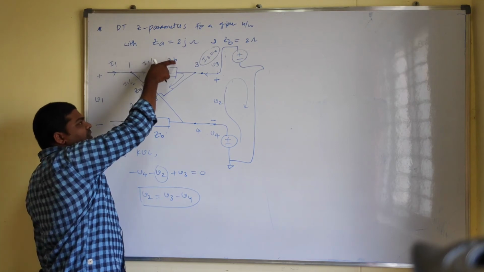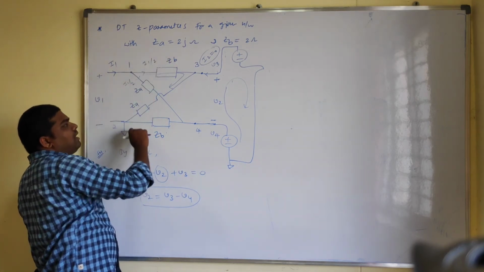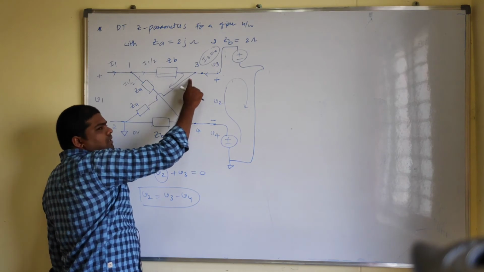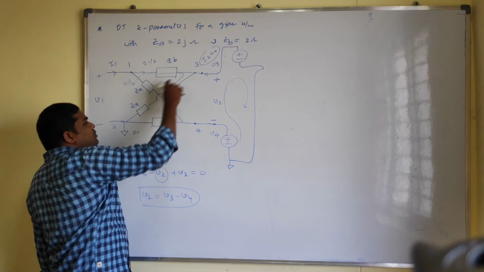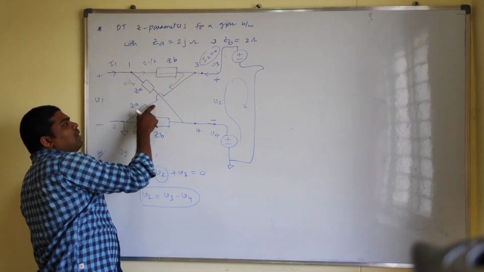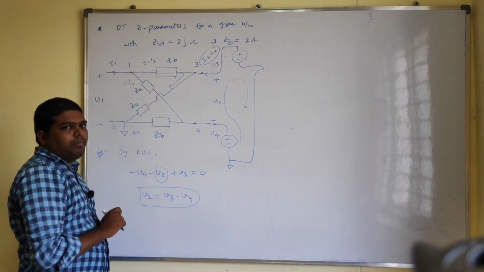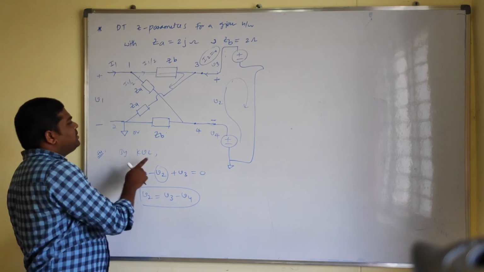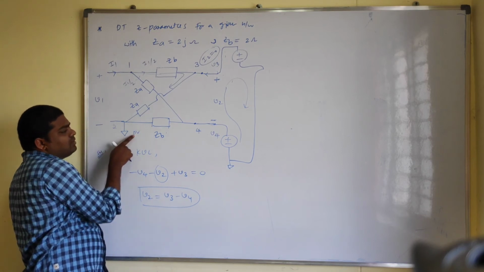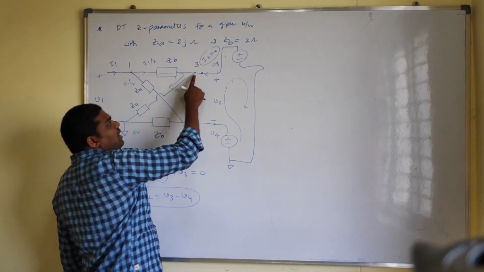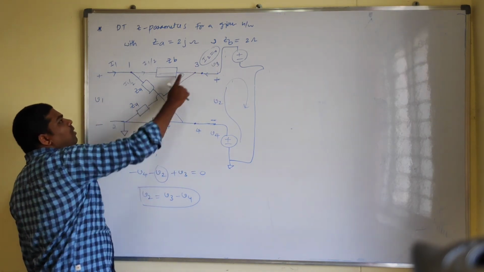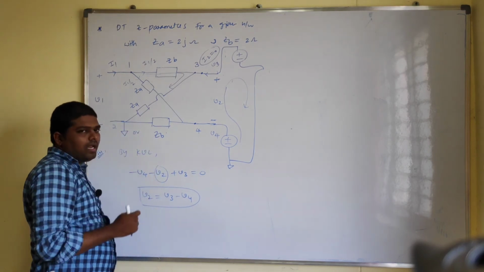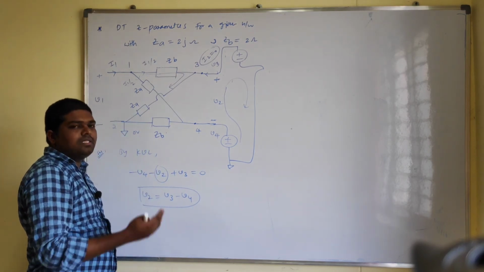In the same way, if you want to calculate this branch voltage, you need to take the difference between these two node voltages, then you will get the voltage drop across this particular branch. At this end we have 0 volts, at this point we have V3 voltage, and the difference between these two node voltages is V3 minus 0, that is V3.